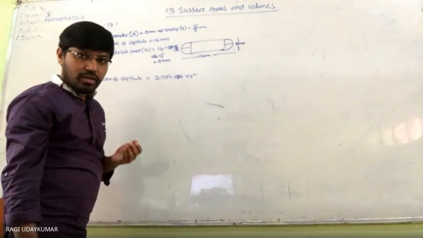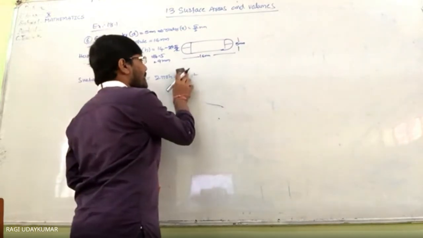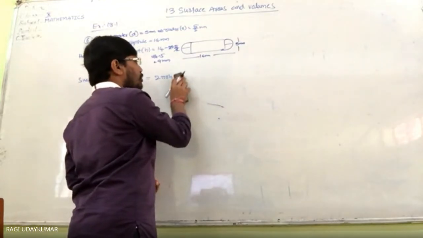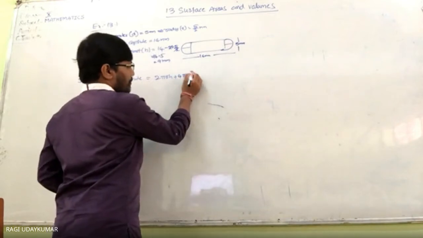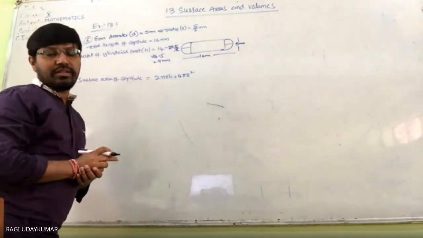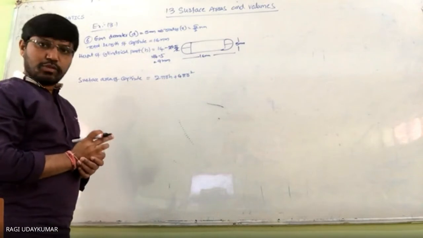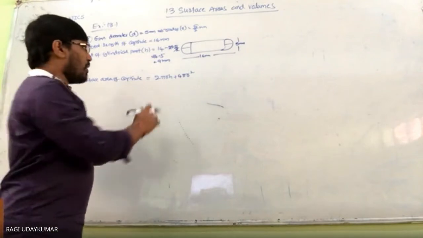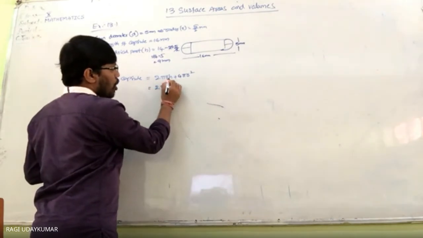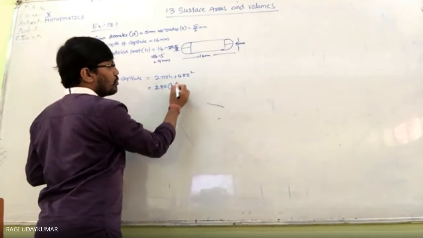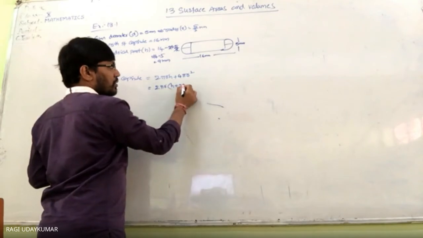So with one sphere surface area should be taken into consideration. Not 2 pi r square, 4 pi r square here. समझ में आया? So what do you get here? From this 2 pi r, if you take the common, h plus 2 r.